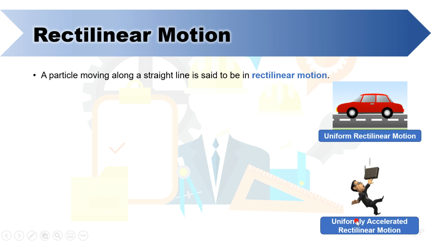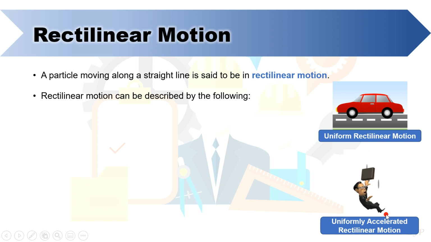And when we say uniformly accelerated, it means motion with constant acceleration. Rectilinear motion can be described by the following. First is time. Time is typically expressed as seconds for both SI and US customary units.